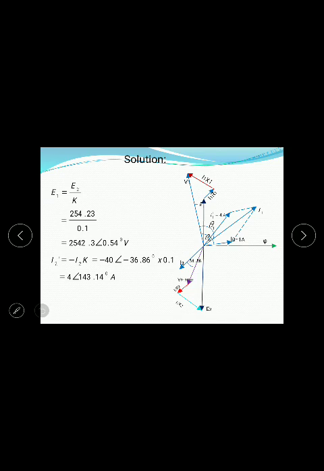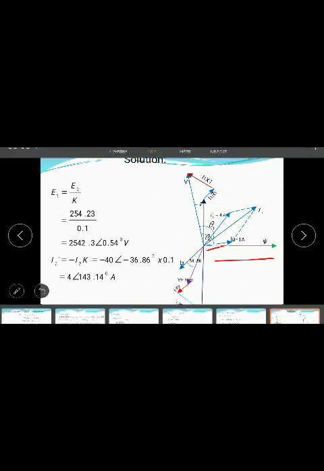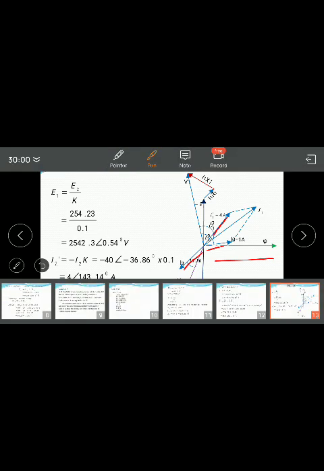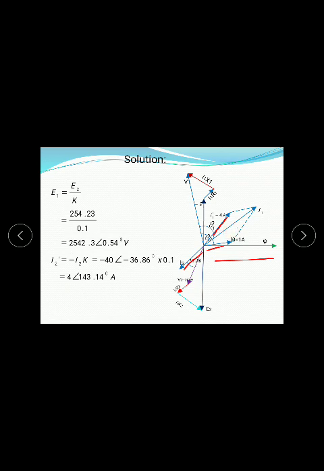143.14. See here in this vector diagram, this is the flux and the I0, I2 dash. I2 dash is nothing but minus I2 into K. These two combined will give the I1.